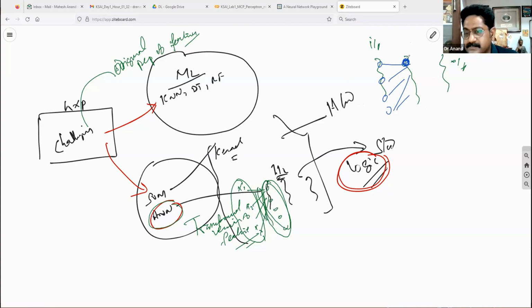I get it as a sum of products: x1 is weighted by some value, x2 is weighted by a different value, x3 is weighted by a certain value, and so on. As a summation of xi wi plus a certain bias, you get something. Of course, this is linear in that sense, right?